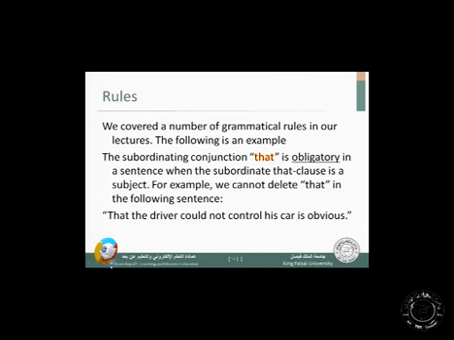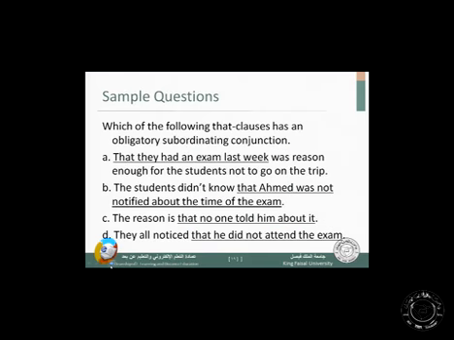Here we have a subordinate clause, a that clause, that the driver could not control his car. This is the subordinate clause. We have a subordinating conjunction that at the beginning of the sentence, and we cannot remove it. We cannot say the driver could not control his car is obvious. We need that in this case. So that cannot be removed. So this is one of the rules we discussed in our lectures.